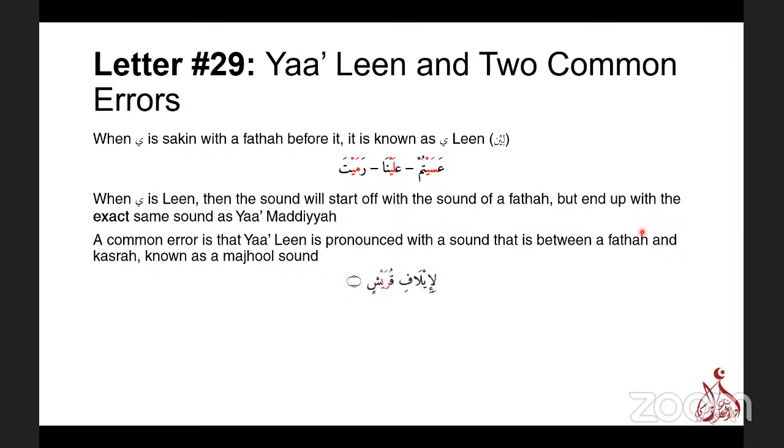One of the most popular examples is in the beginning of Surah Quraysh. What's correct? Li'ila fi Quraysh. There's an e sound at the ending. What would be incorrect? Quraysh is completely off, and Quraysh would be wrong too. So it's going to be Quray, with an e sound at the ending.